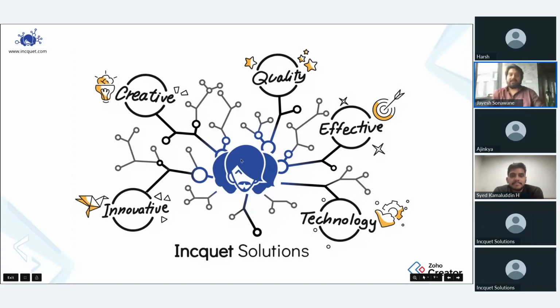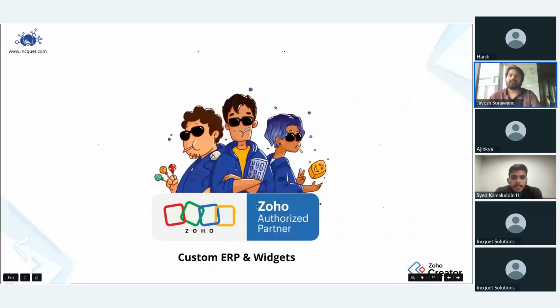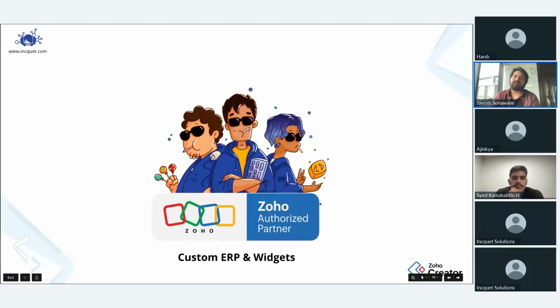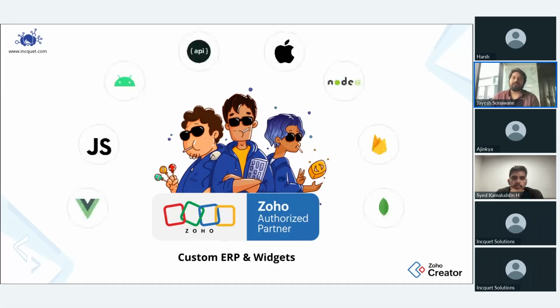Thanks, everyone, again, for joining. This is Jayesh from Incquet Solutions. We are a Zoho Creator focused, Zoho authorized partner, and we provide custom CRM and ERP solutions on Zoho Creator. One of our expertise is to utilize our full stack experience and mix that with Zoho applications, which extends their capabilities and helps us create out-of-the-box solutions on the Zoho stack.